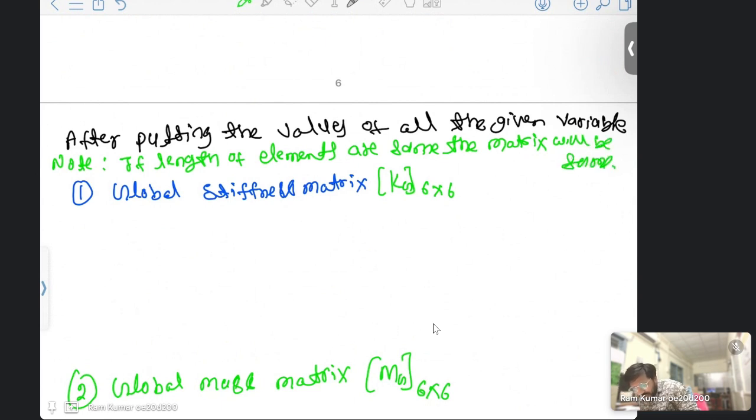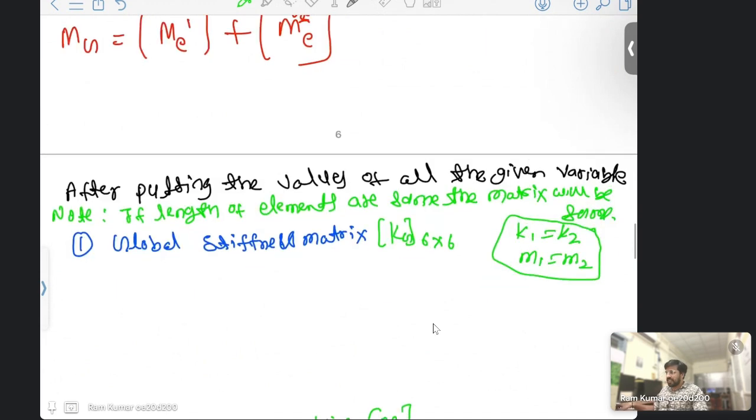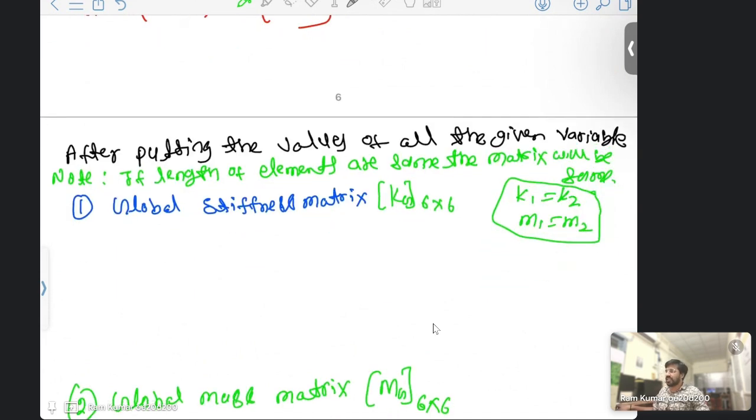So here K1 will equal K2, and M1 will equal M2. So please tell me what will be our final stiffness matrix and final mass matrix. That one we have to find.